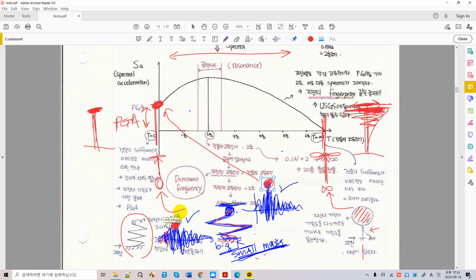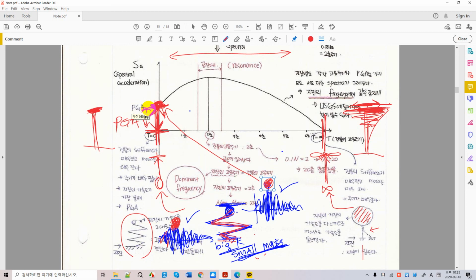Peak ground acceleration is what you feel in your building when your building is very stiff. So this point, the intercept on the y-axis at zero, this value is the PGA. Don't forget that, all right? Understand?